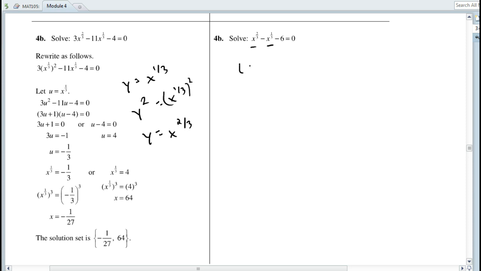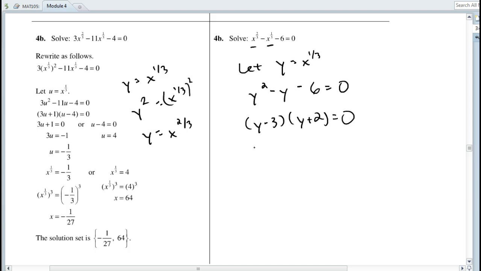So if we let y be equal to x to the 1/3, we just get y squared minus y minus 6 equals 0, which we know how to solve with factoring. y minus 3, y plus 2 equals 0. So this means that y equals 3 or y equals negative 2.